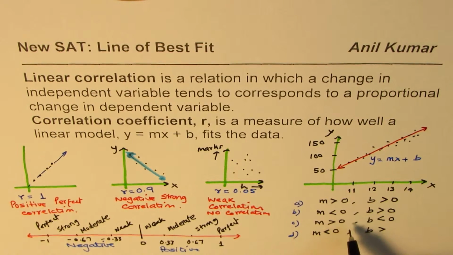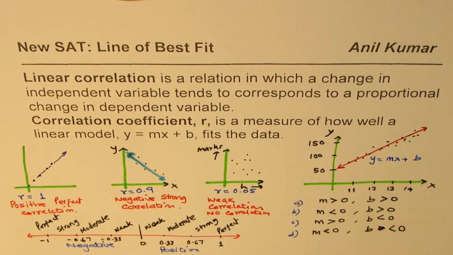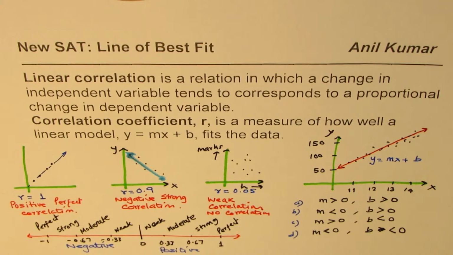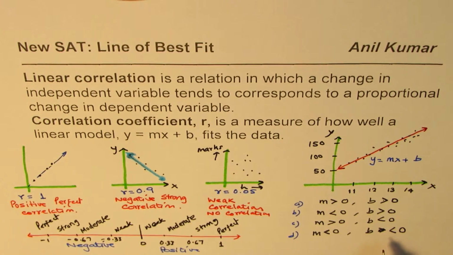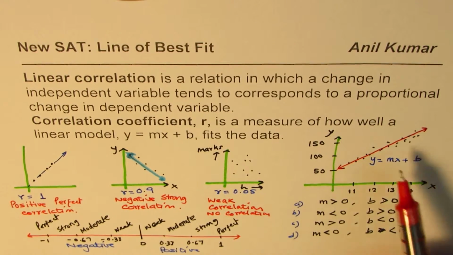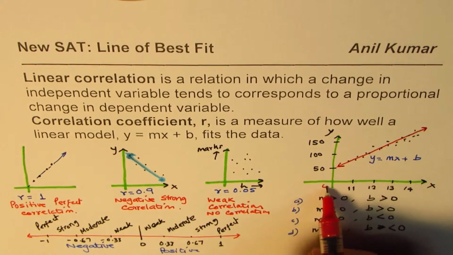So what we have taken is m greater than 0 with b greater than 0 and less than 0. So we have 4 different options. Okay, so these are all the possible options, correct? I hope you agree with me, right? Now tell me, what is the correct option? What is the correct option on this? That is the question for you for the SAT, for example. So you are given a set of data points, scale, right? So that's 0 for you.